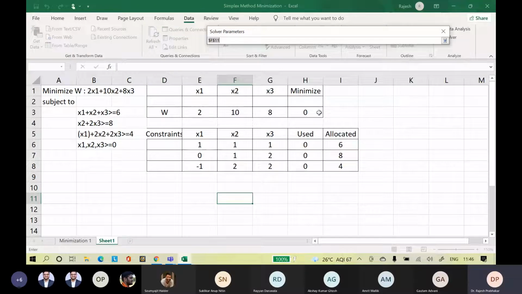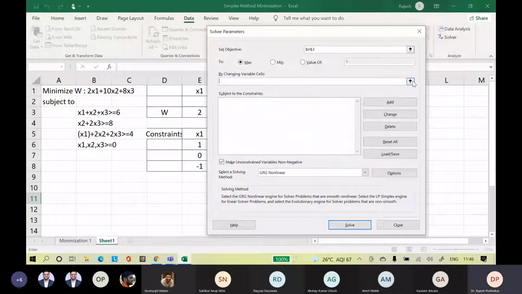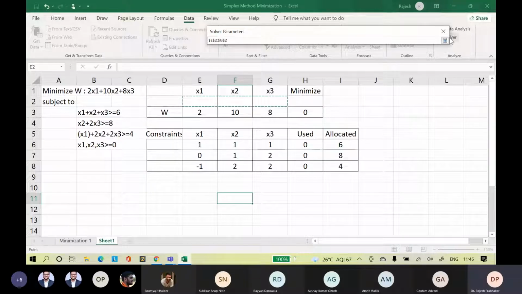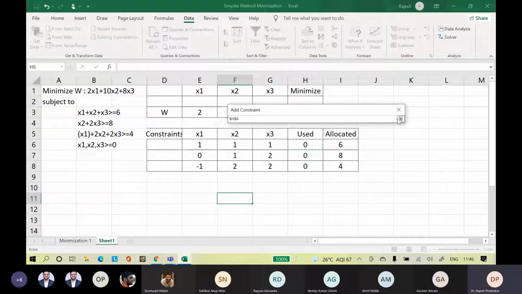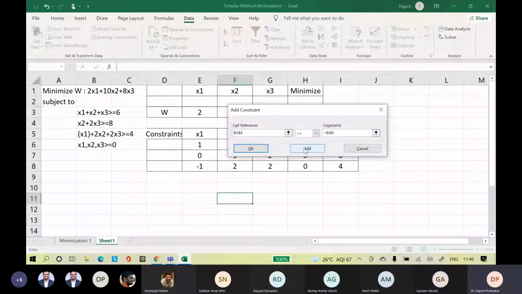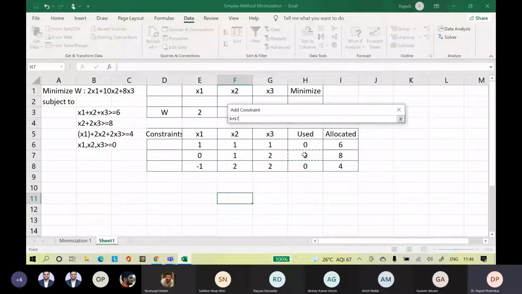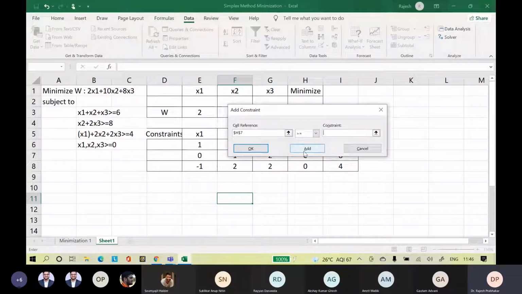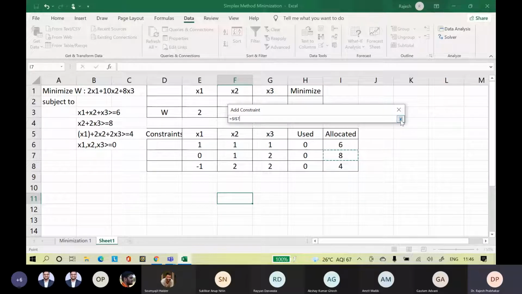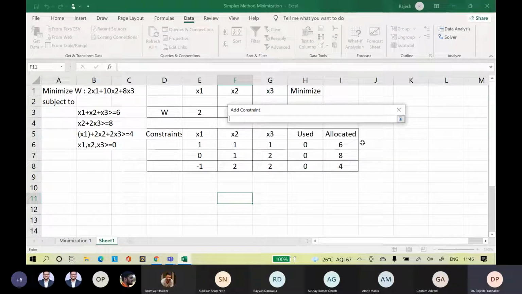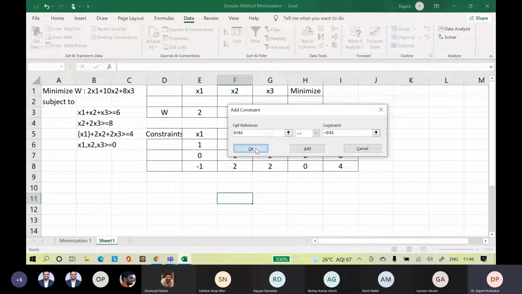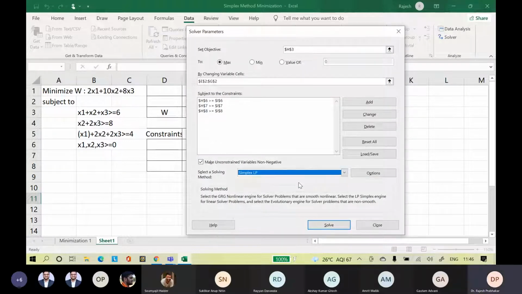So in Solver, minimize this, by changing the values of these three, add constraint, replace this, greater than or equal to constraint this. Add, replace this, greater than or equal to constraint replaces this. Add, replaces this, greater than or equal to this. Click OK. Simplex and click.